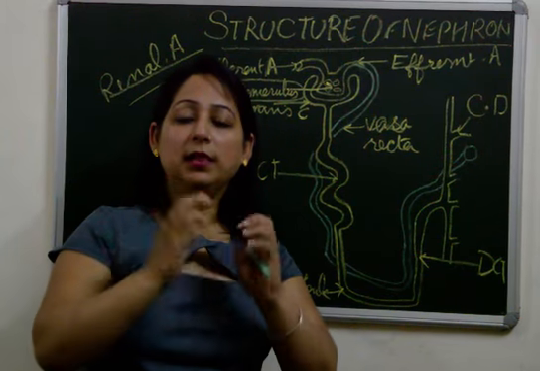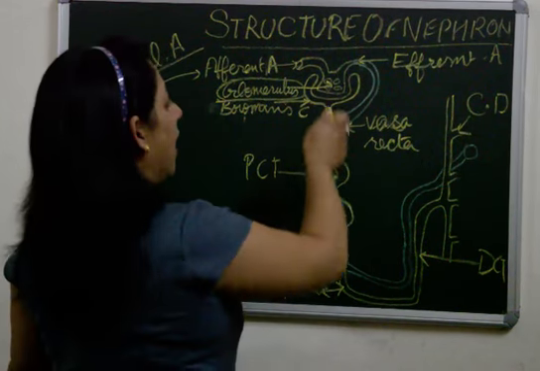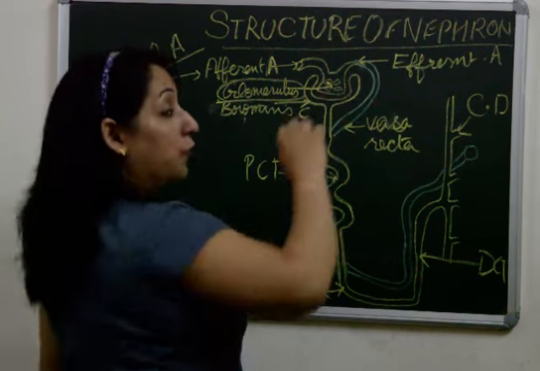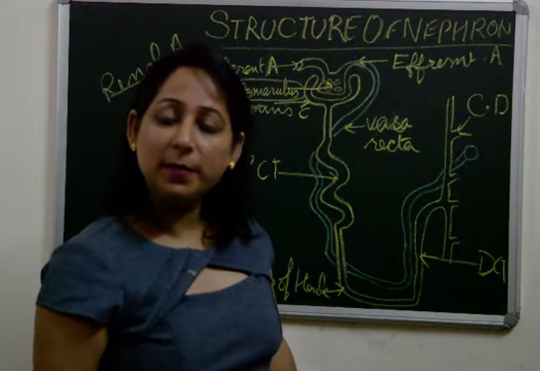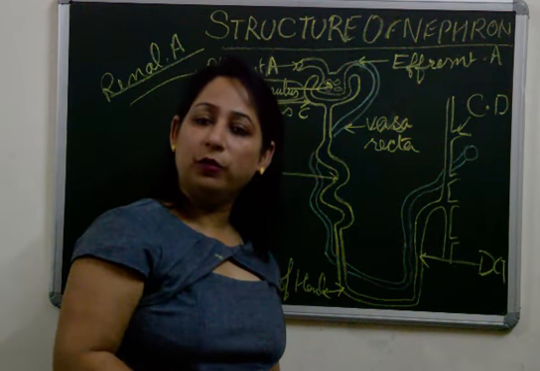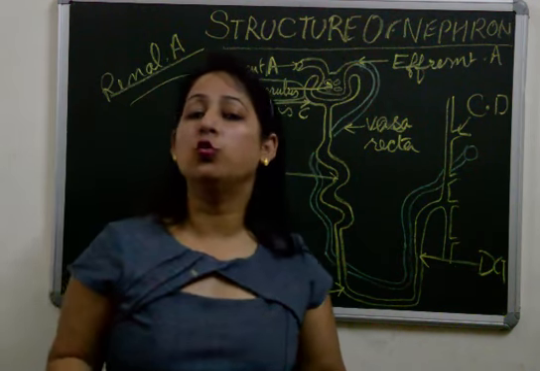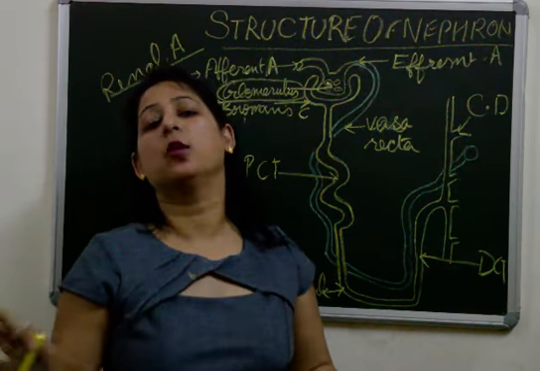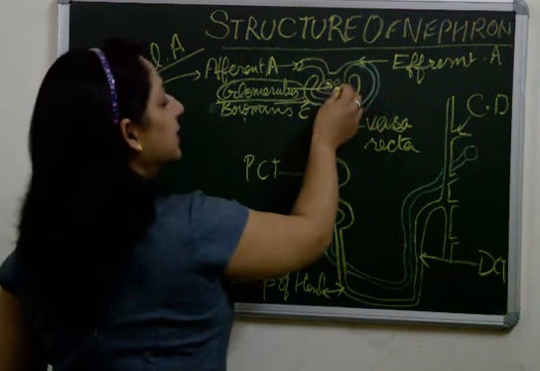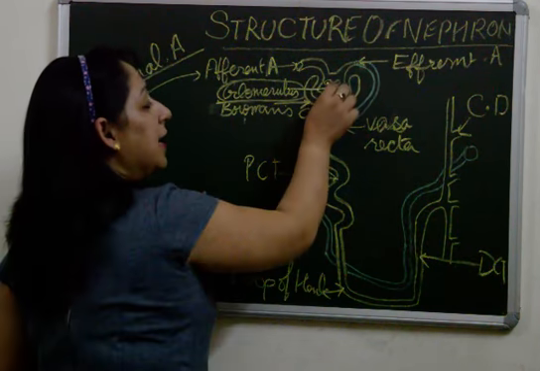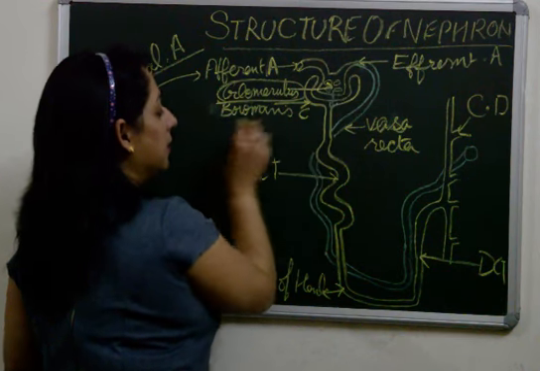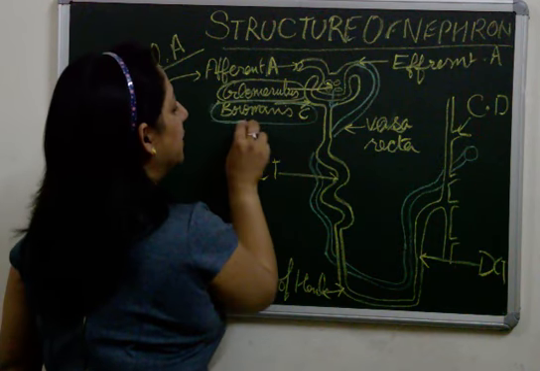But almost all the liquid part, with important minerals as well as the harmful minerals, is filtered out. This glomerulus does not know what is good, what is bad. It filters out everything, and it passes that filtered substance into the next part, that is the Bowman's capsule.